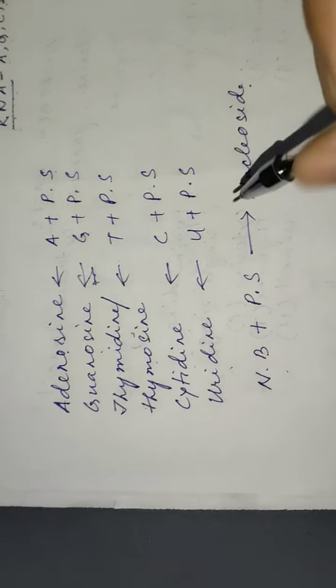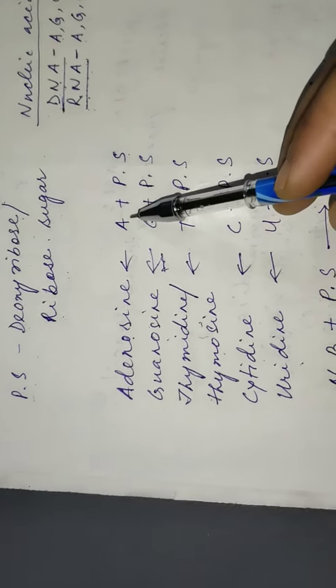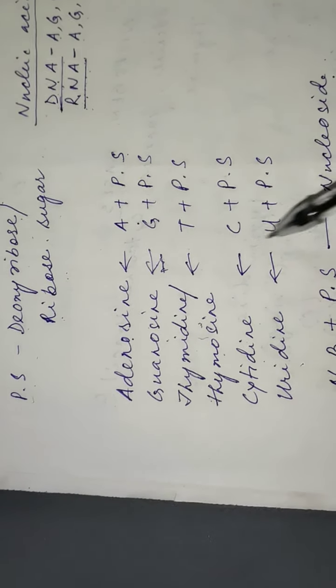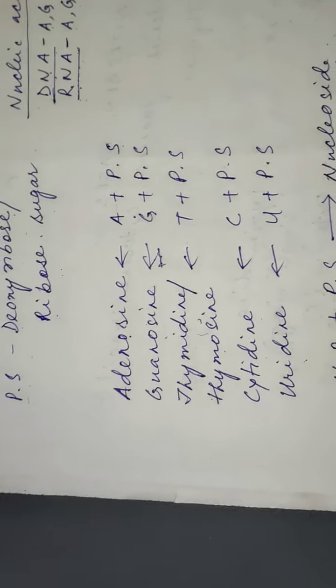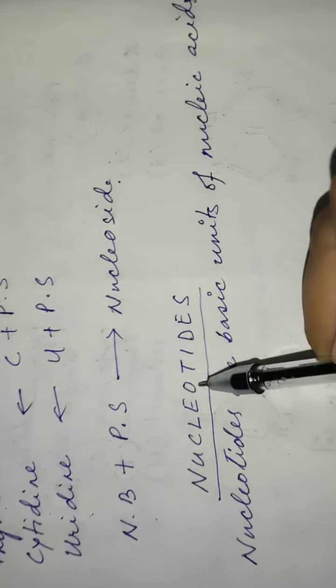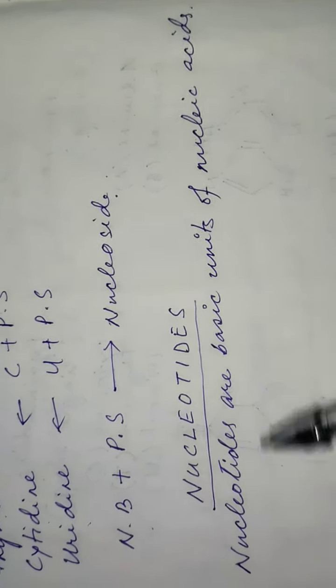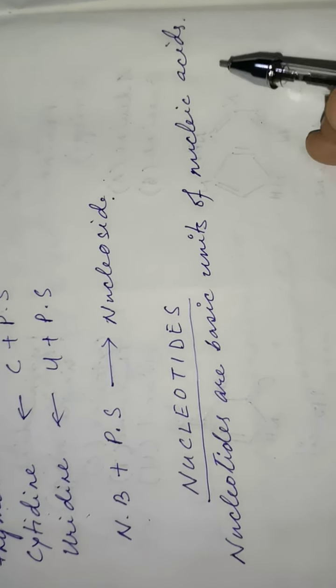Nucleoside, this is the general formula of a nucleoside, and these are the nucleosides of different nitrogenous bases. Now next is nucleotides. So what are nucleotides? Nucleotides are basic units of nucleic acids.